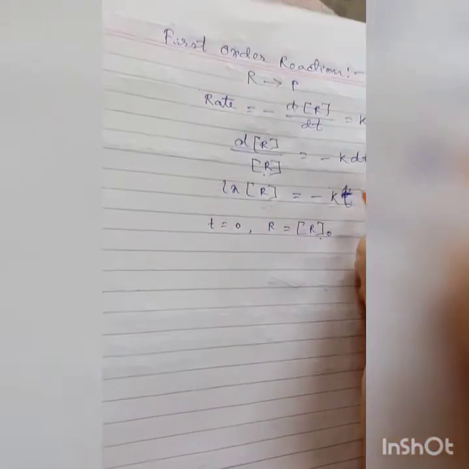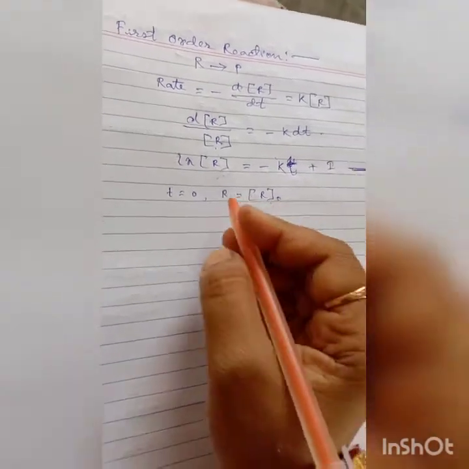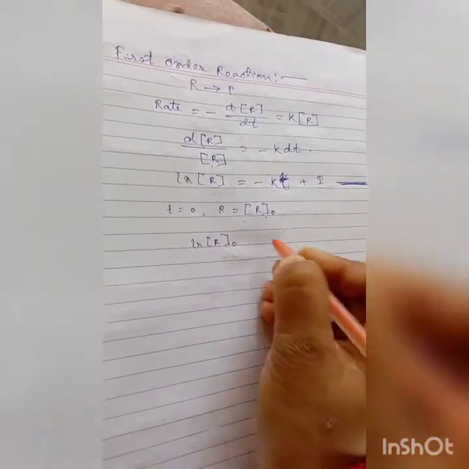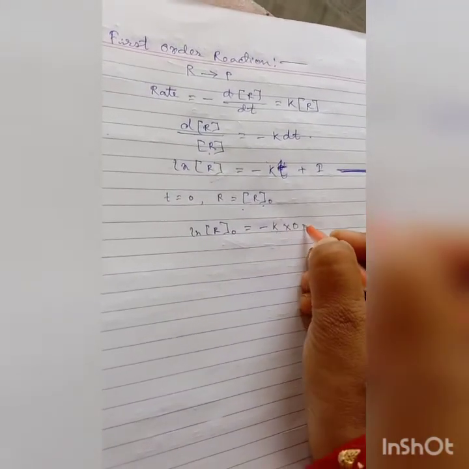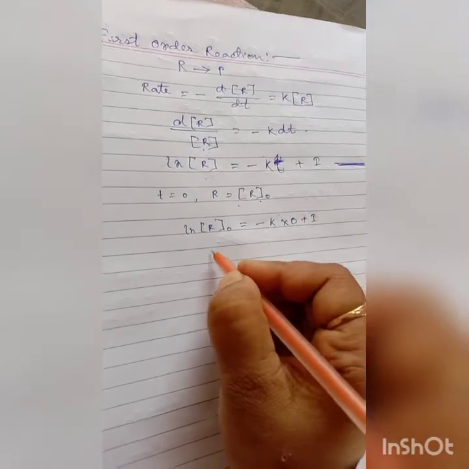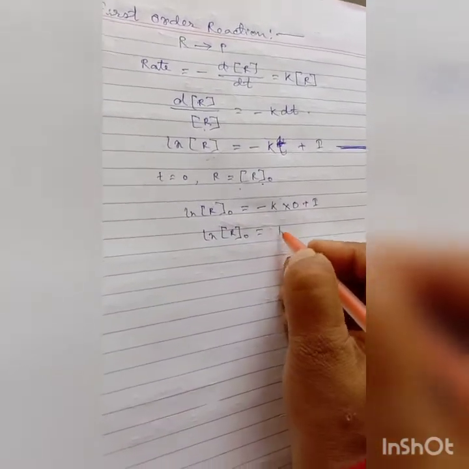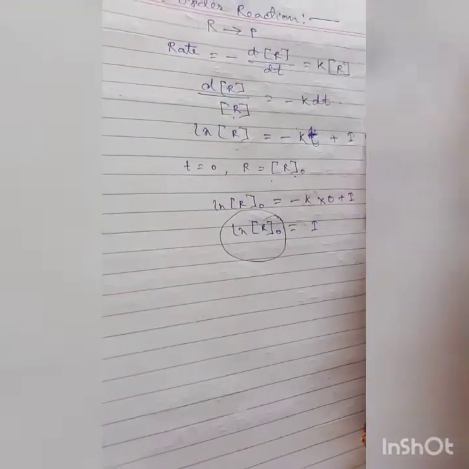So in this equation we put the values. We get ln R0 equal to minus k into 0 plus I. So ln R0 equal to I.